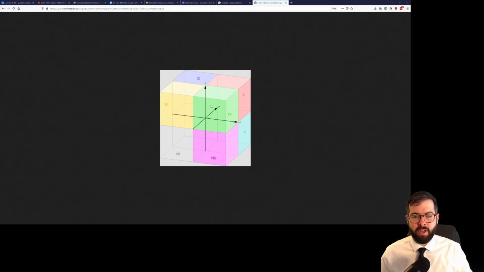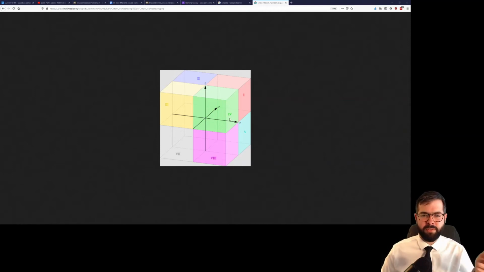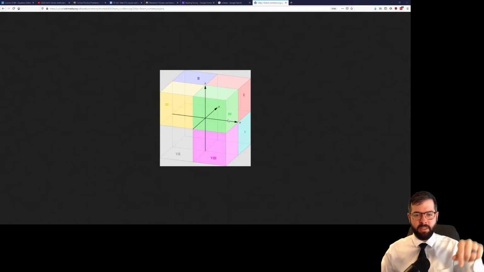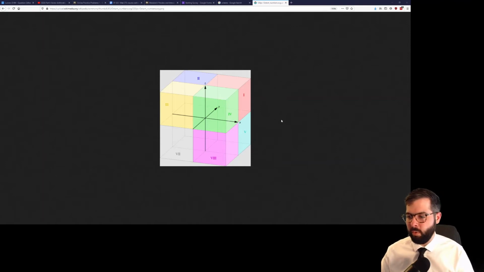Then you wrap around the space above the xy plane, and that becomes octants 1, 2, 3, 4, and then below is 5, 6, 7, 8. I'll put this in the notes and give you some time to digest that. You don't necessarily have to memorize that, but it would be helpful to know where you're at.